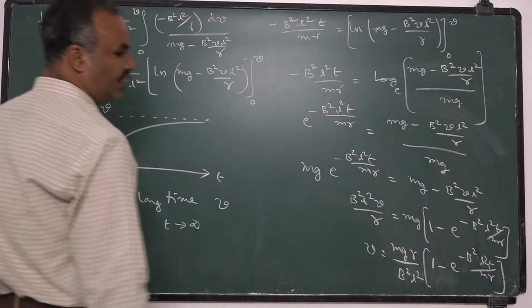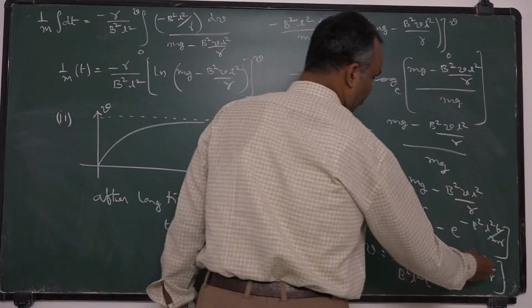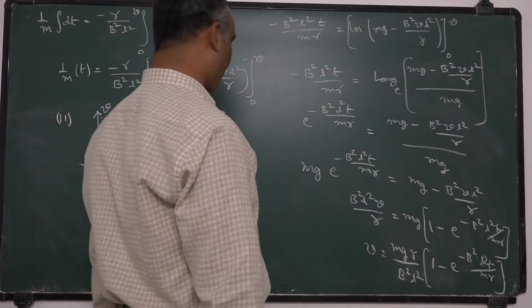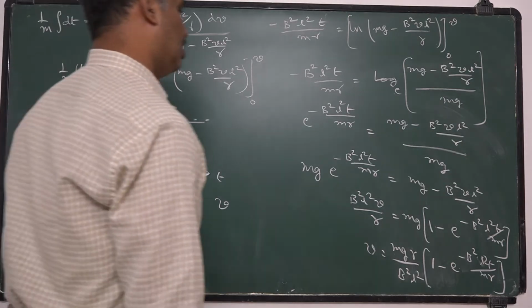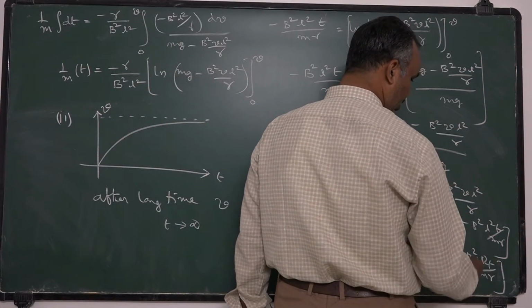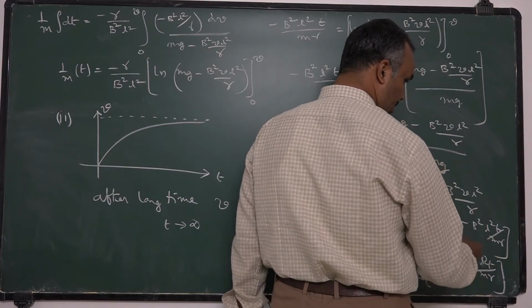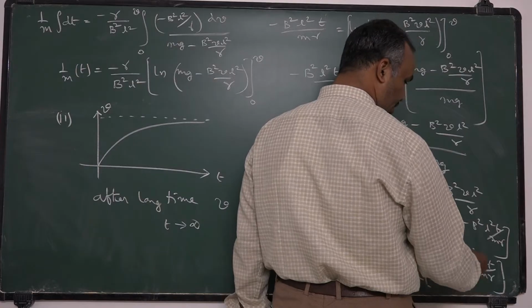Once t tends to infinity, this term becomes something power 0 or 1. Take t equal to infinity here: e power minus infinity is 1 by e power infinity, that is 1 by infinity, that is 0.